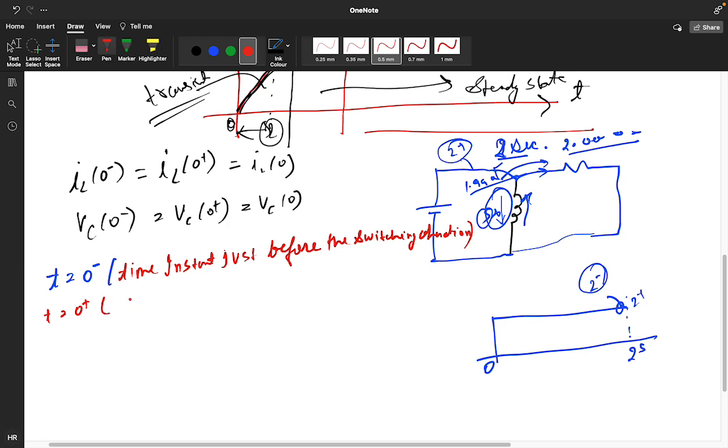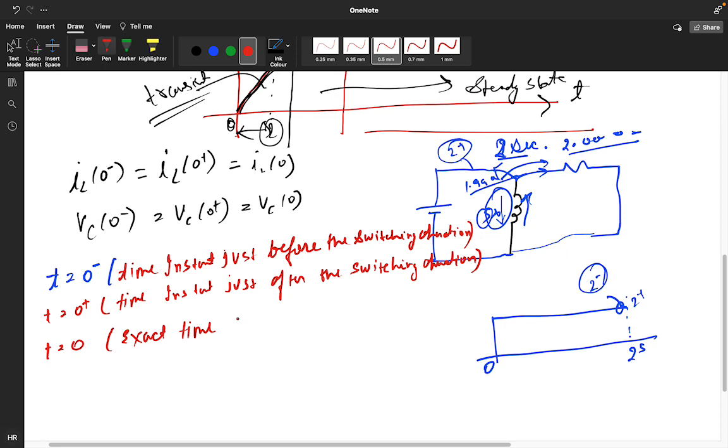Time instant just after the switching operation. And what is t equals 0? Exact time instant of switching operation.